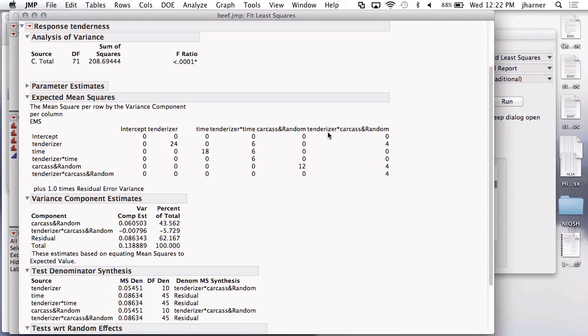Of course, the tenderizer by carcass, we have this term, and we have this term, but it's also picking up the tenderizer by time, which we don't.